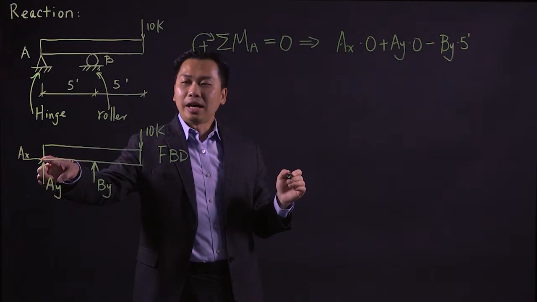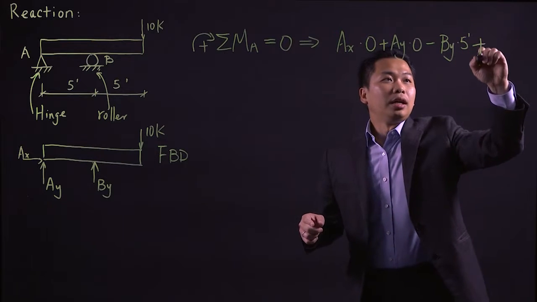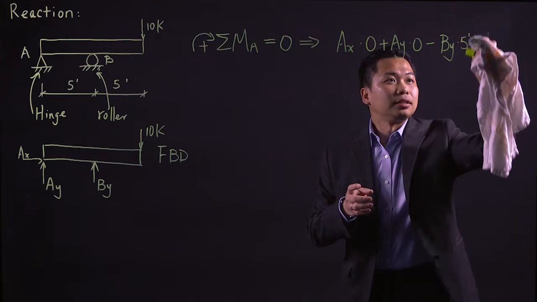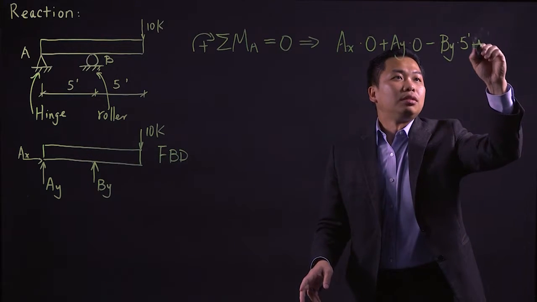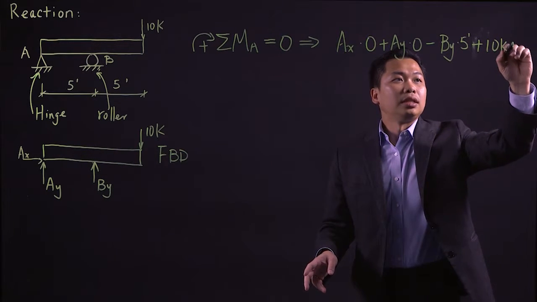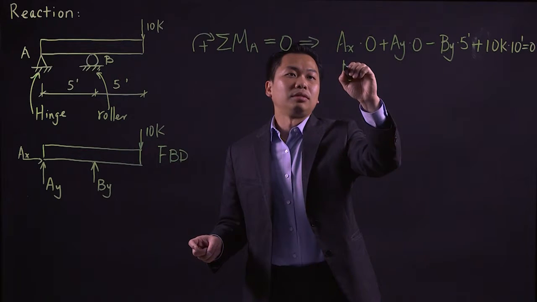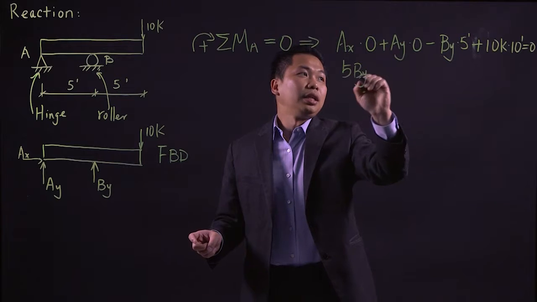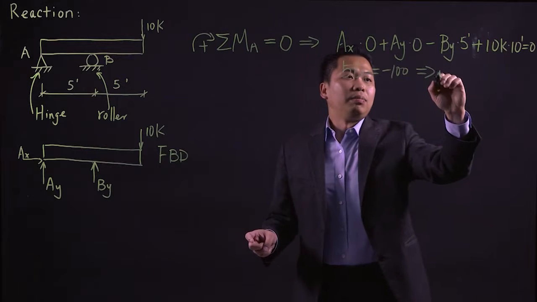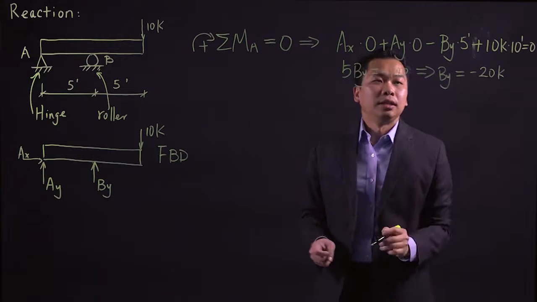If you take the moment at point A, this force is going to be clockwise, so it's going to be 10 times the moment arm, which is 10 feet. If you calculate that out, your 5 By is equal to negative 100, and your By is equal to negative 20 kips.